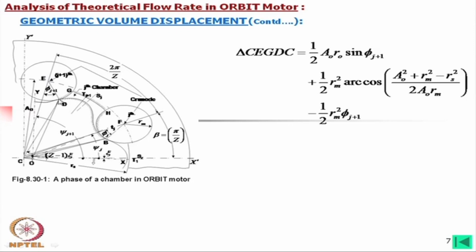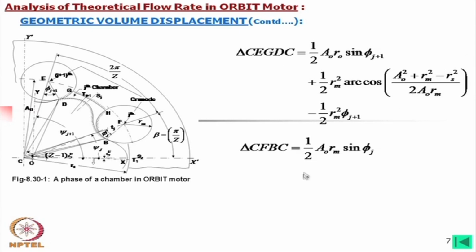So, we are getting the area of this triangle, then plus half Rm square into cos inverse of this angle, that we are getting perhaps this area, okay, this area minus this area. So, we are ultimately getting this area here.